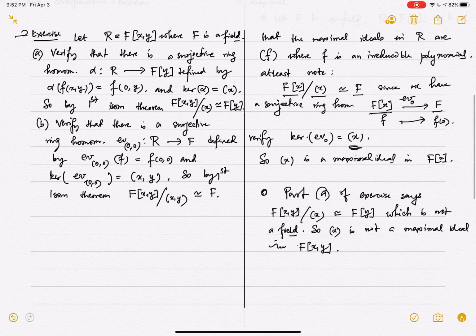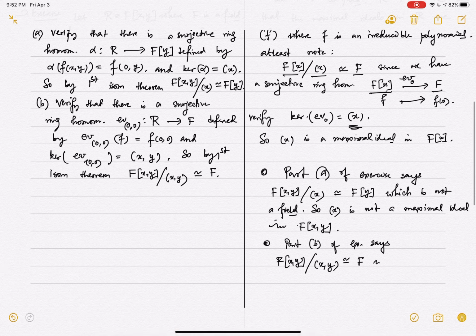Whereas if you look at part B of the exercise, it says that if you take the two-variable polynomial ring and quotient out by this bigger ideal, the ideal generated by x and y, then you just get F, which is a field.